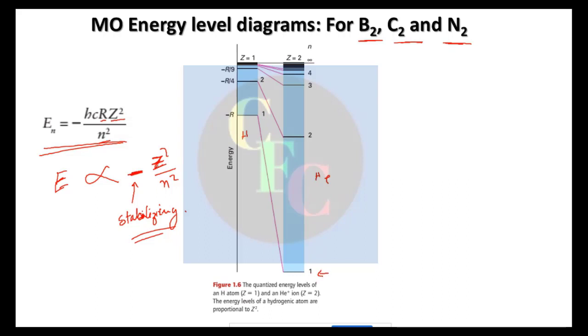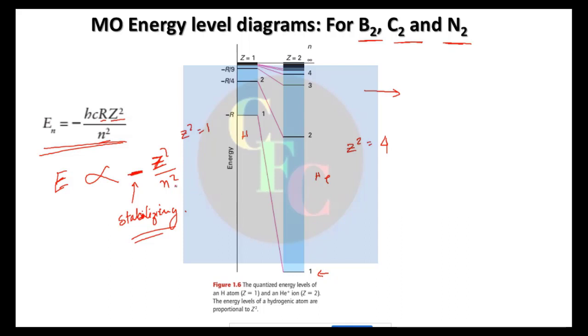Because for hydrogen Z square equals 1, for helium Z square equals 4. Even n equals 2 for helium is lower in energy than hydrogen's n equals 1. That means as Z increases, as you go from left to right of the periodic table, the orbital energies are decreasing.